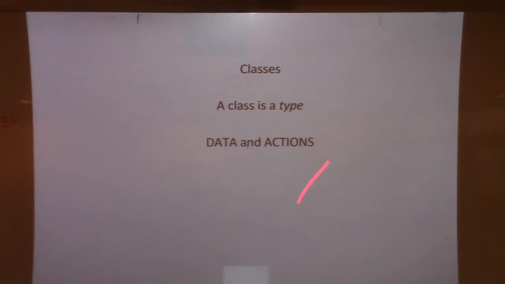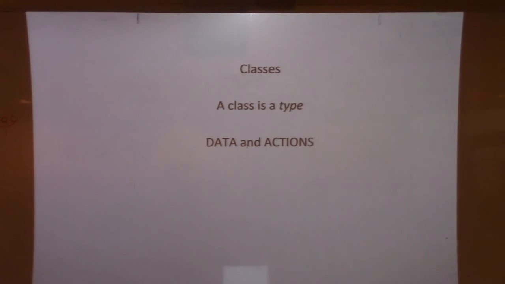So if a class is a type, and we think of automobile as a type, you don't buy an automobile, you buy a Chevy, or a BMW, or a Chevy Cruze. I hope not, but anyway. You don't buy an automobile, you buy a specific kind of automobile. So automobile is a class. Therefore, this type is going to have some data.